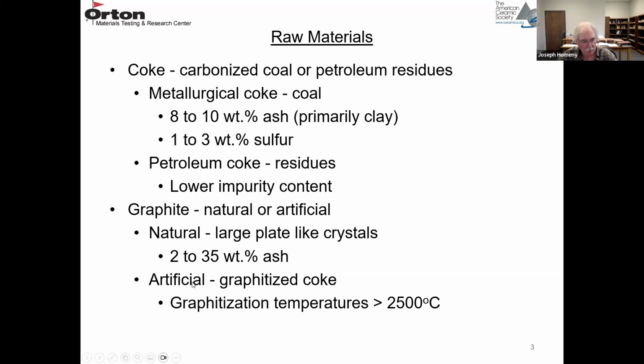And then artificial graphite, you start out with a metallurgical coke or petroleum coke, and you heat it to high temperature. So you graphitize the coke, and these temperatures are quite high, over 2,500 degrees C. So it takes a high temperature to graphitize the amorphous coke products, whether it's metallurgical coke or petroleum coke.